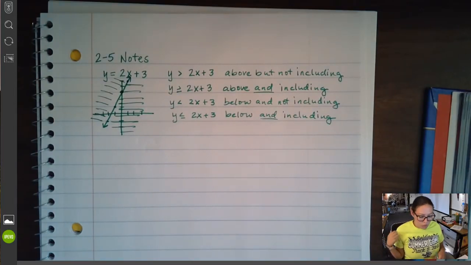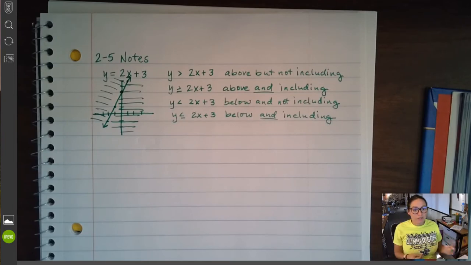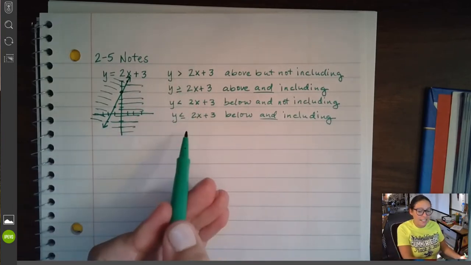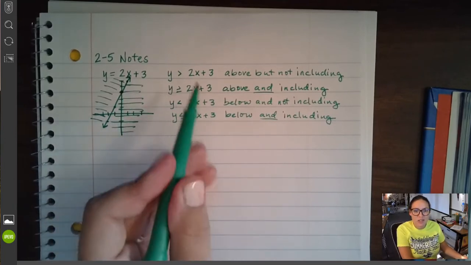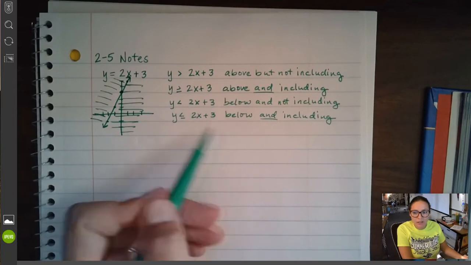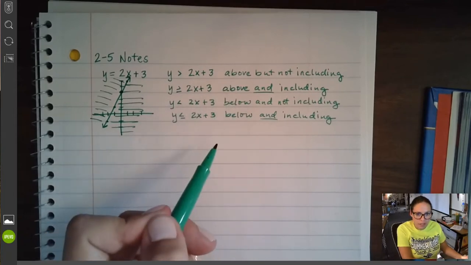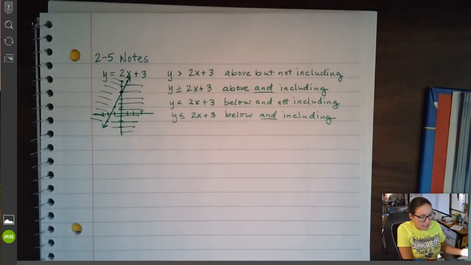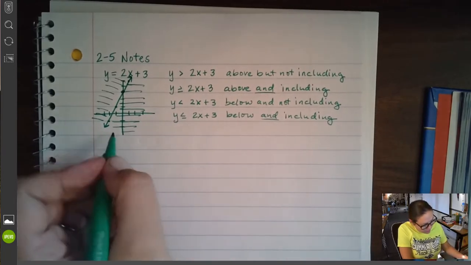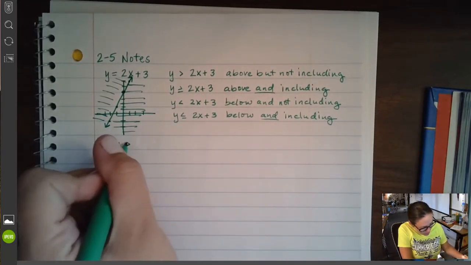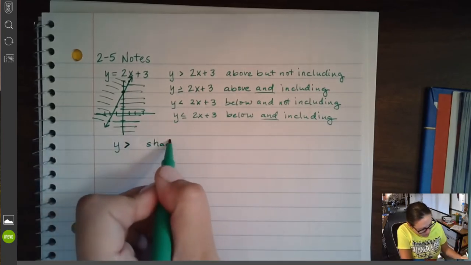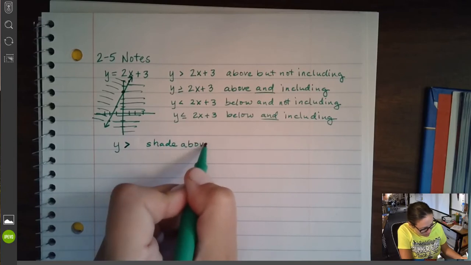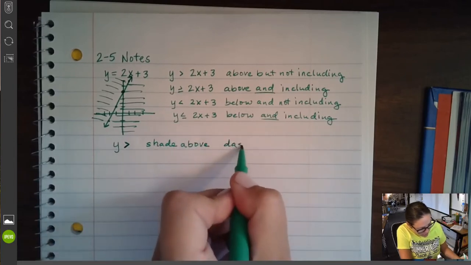Okay, so what does that mean? Well, the way that we graph inequalities is very similar to the way we graph equations. It's just going to involve some shading either above or below the line. Okay, so in general, if I have y is greater than, I'm going to shade above and do a dashed line.